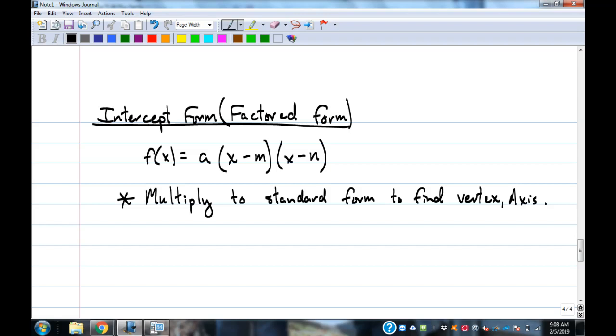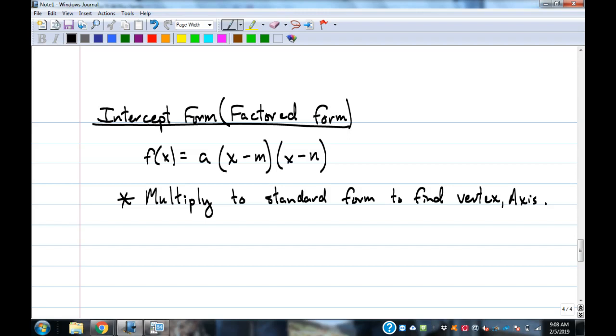To find the vertex or the axis of symmetry, my suggestion is just multiply it out to standard form and then work that out. If you want to know the shortcut, it's to take the root here and the root here and find the midpoint between those two, and that gets you the X value of the vertex or the axis of symmetry, and then plug that back in, and it gets you the Y value that goes with it.